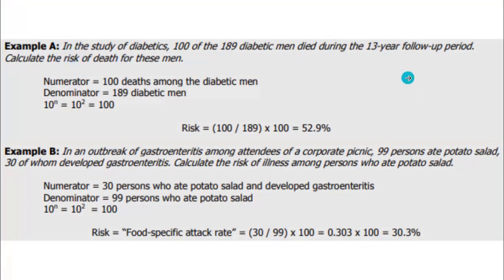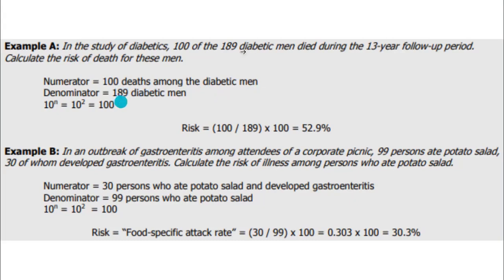Our numerator is the number of deaths among the diabetic men, the subset of the entire population of diabetic men who died in the study. The denominator is 189.